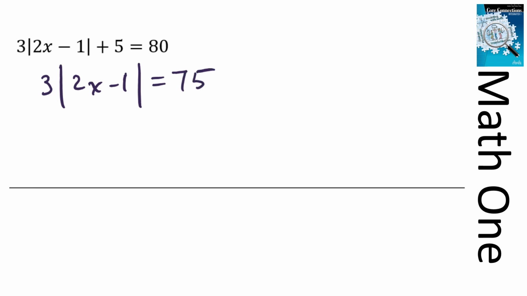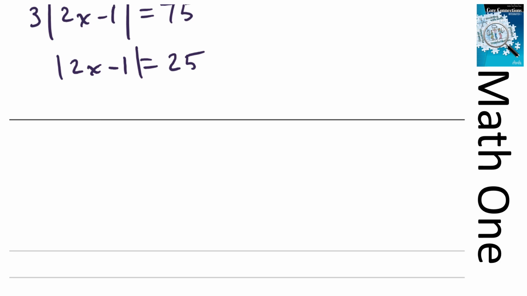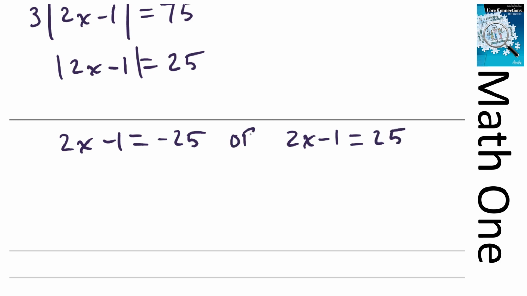And now if I divide both sides by 3, I have the absolute value of 2x minus 1 is equal to positive 25. And then again, there are two values that produce an absolute value of 25, either negative 25 or positive 25. So either 2x minus 1 is negative 25 or 2x minus 1 is positive 25. And again, same two steps.